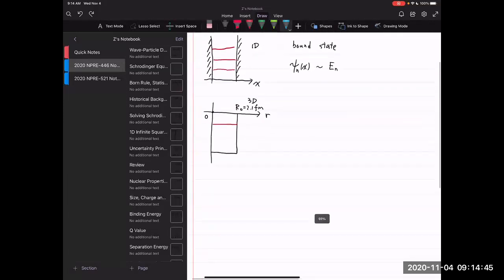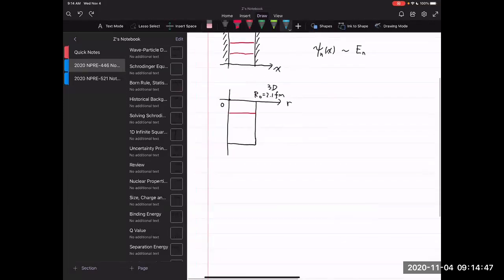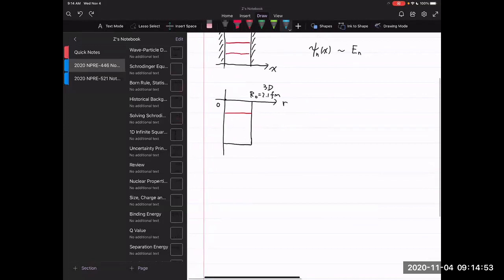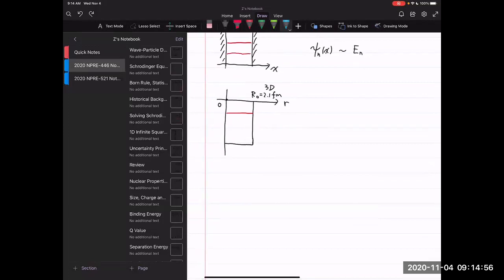Inside the square well, the wave function is a sine function. The cosine term goes away because of the requirement of normalization. This wave function has a turnover inside the square well, so that we have maximum probability to find the neutron inside the deuteron. Outside the square well, the wave function decays exponentially.